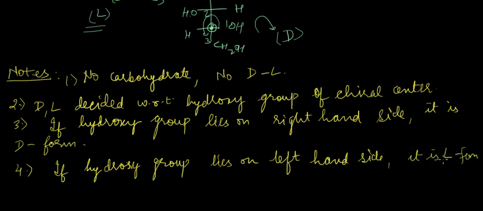Okay, so in case more than one chiral center is there, D and L will be decided with respect to the chiral center which is away from the functional group.